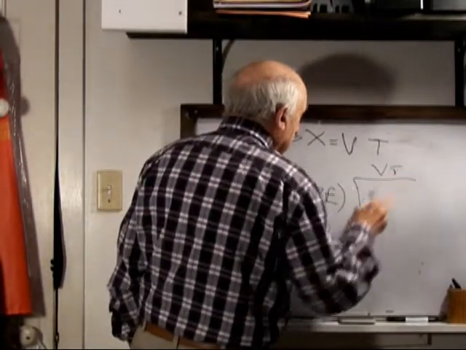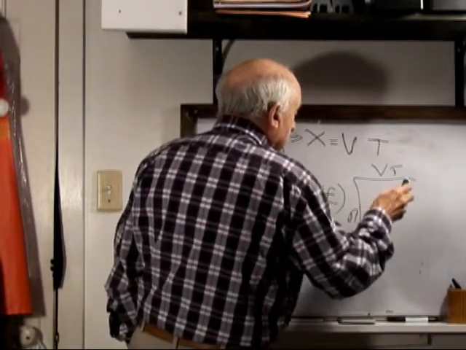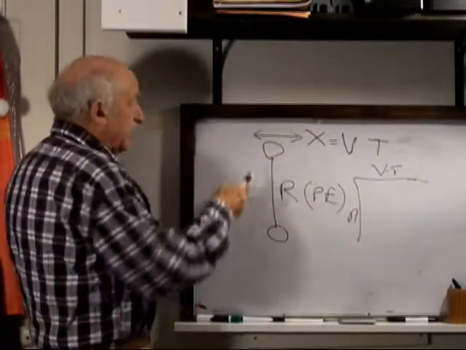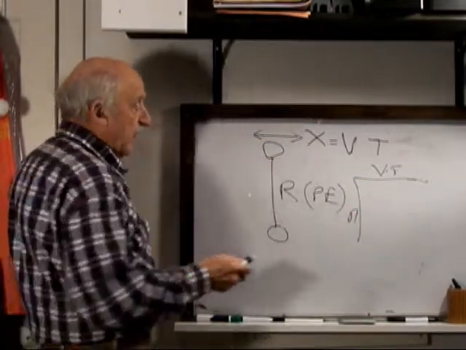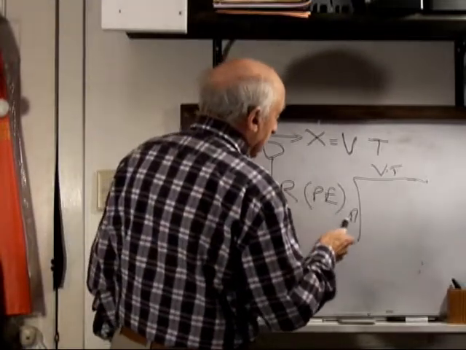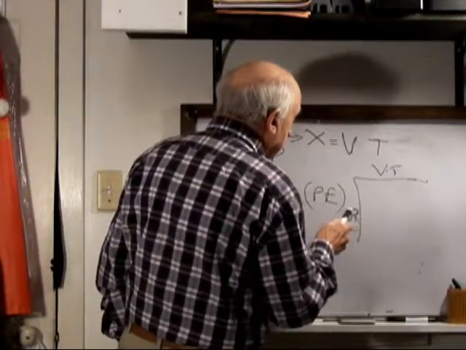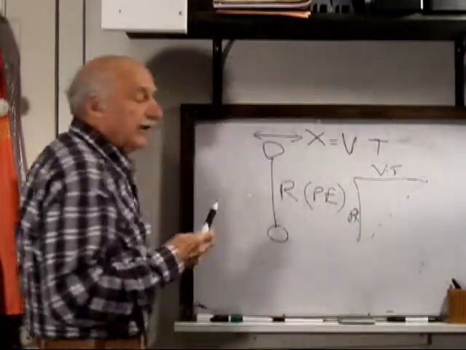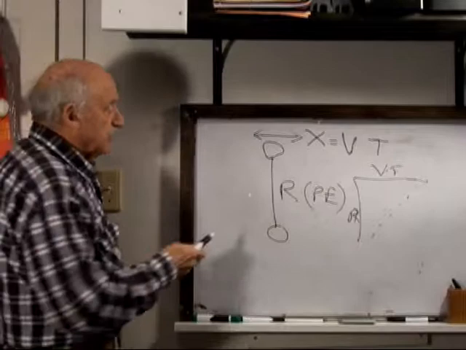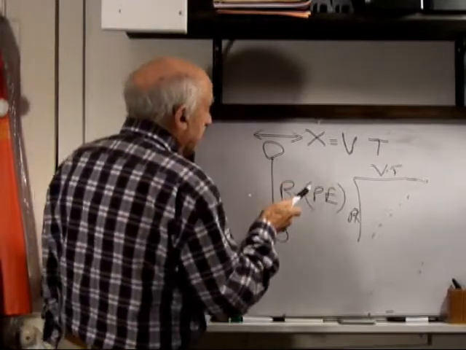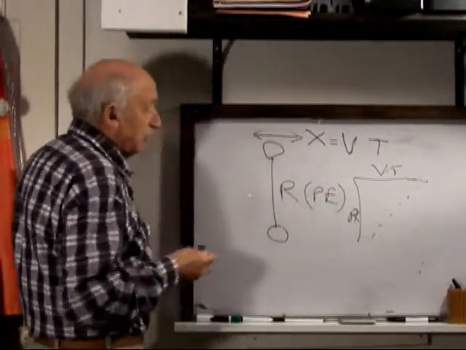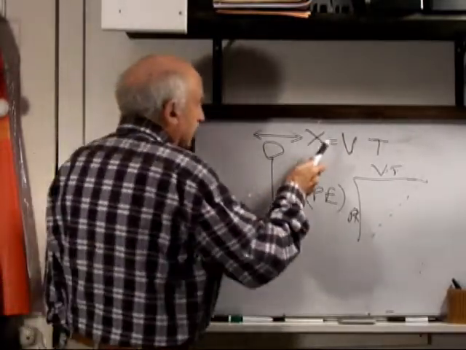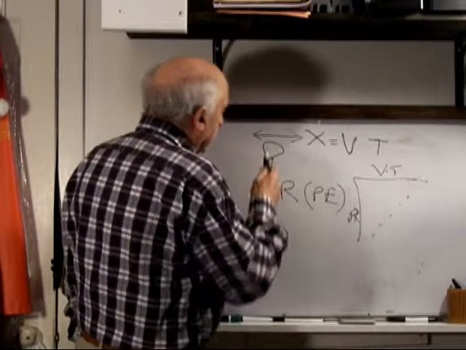This is vt, this is r. When you square that, you get the equivalent kinetic energy to this potential energy. They're not both present at the same time, so you can't add them because you have either one or the other. So the potential energy between the two locations of the body is equivalent to the kinetic energy.